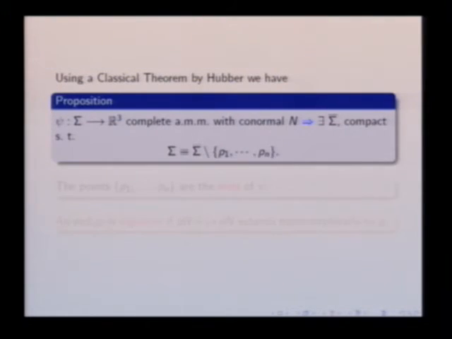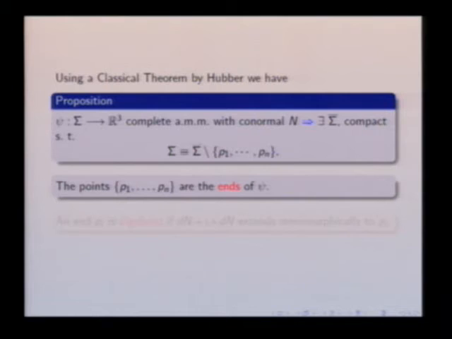In that case, using a classical result of Huber, we can prove that any complete affine maximal map is always conformal to a compact Riemann surface with a finite number of points removed.